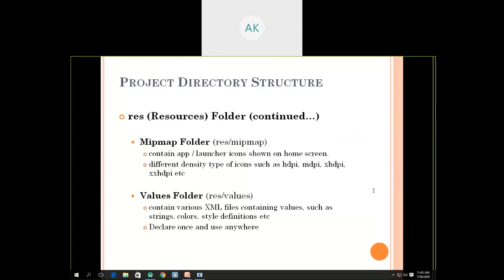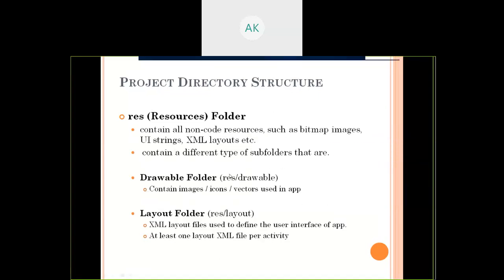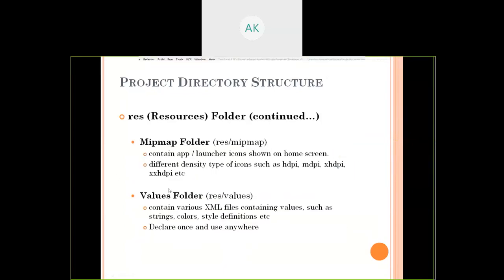If you have any doubts till now in the directory structure, you can ask. If there is no doubt, we can proceed further. Okay, I think there is no doubt.